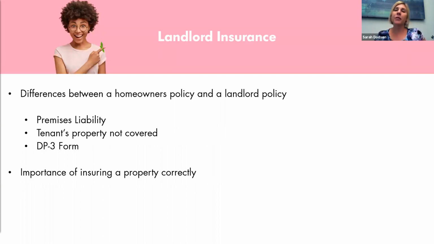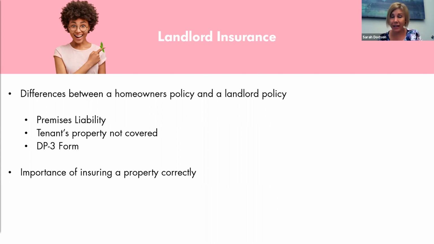All right, so now we're moving outside of the condo unit realm and moving into landlord insurance. Out of those of us on the phone, any landlords on here? No? Okay. So we're going to talk about the difference between a homeowner's policy and a landlord policy. Landlord insurance provides coverage for property owners renting out 1 or more residential homes, apartments, or condos.